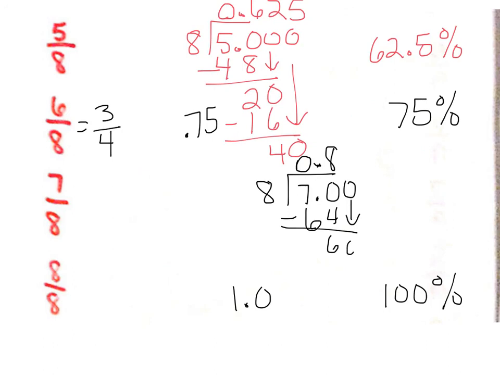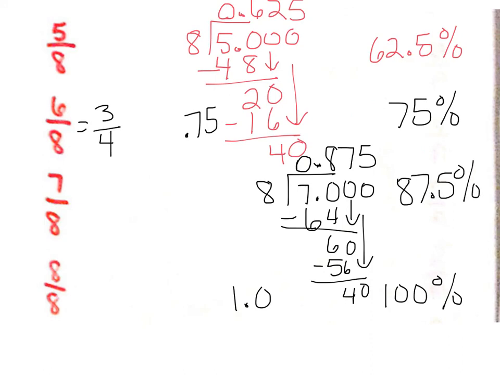Add a 0 and bring it down. 8 goes into 60 7 times. 7 times 8 is 56. Subtract and bring down. And then 8 goes into 40 5 times. So 7/8 is equivalent to 875 thousandths or 87.5%.